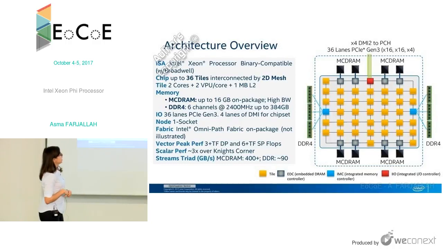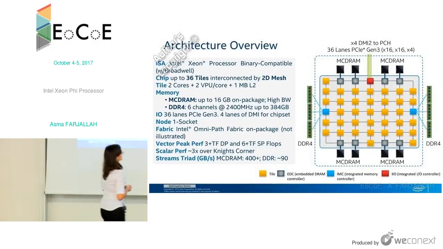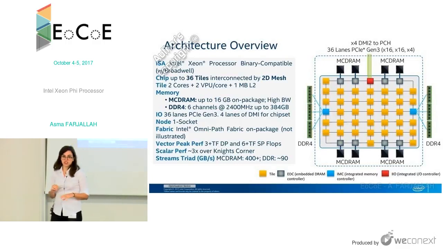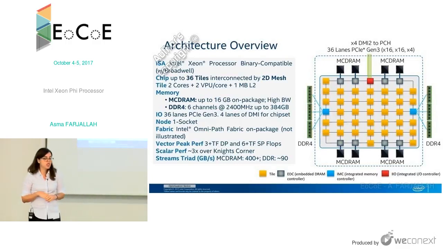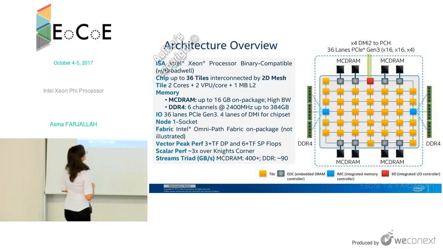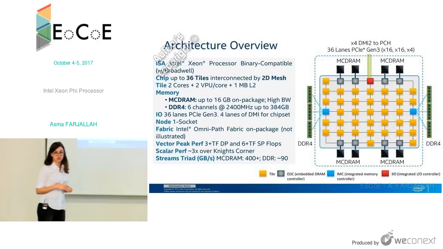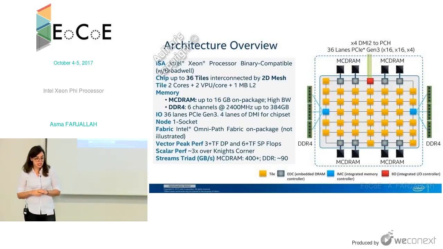KNL is mainly characterized by the 2D mesh that we have. So we have cores that are connected through this 2D mesh. We also have MCDRAM that is shipped, with 8 MCDRAM channels, and we have 6 DDR4 channels.